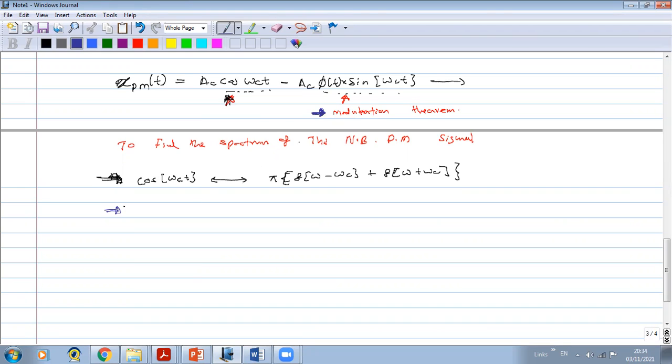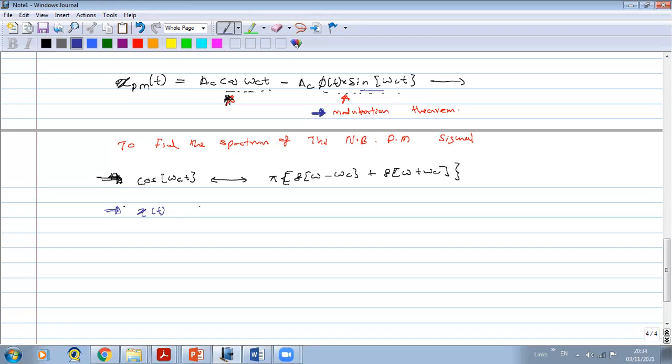Here it is a product signal with sine terms, and we have also verified the product signal with the cos term. So I will write the modulation theorem related to the sine signal. It is like this.